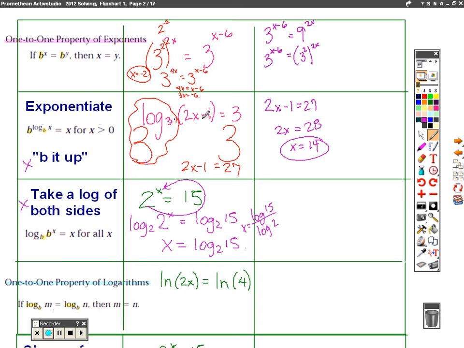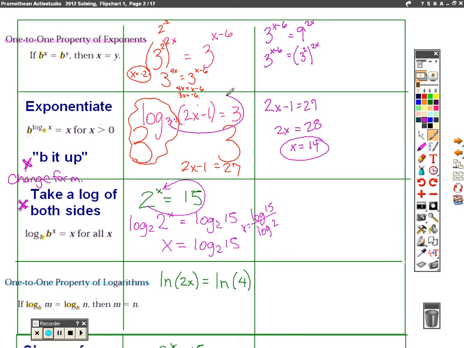All right, the next one, take a log of both sides. So this one, again, these two you could ignore. If there are too many strategies for you, these two could both be replaced with just change the form. So really what we did here, when we exponentiated, we end up changing the form. We could also go 3 to the 3rd power equals that.